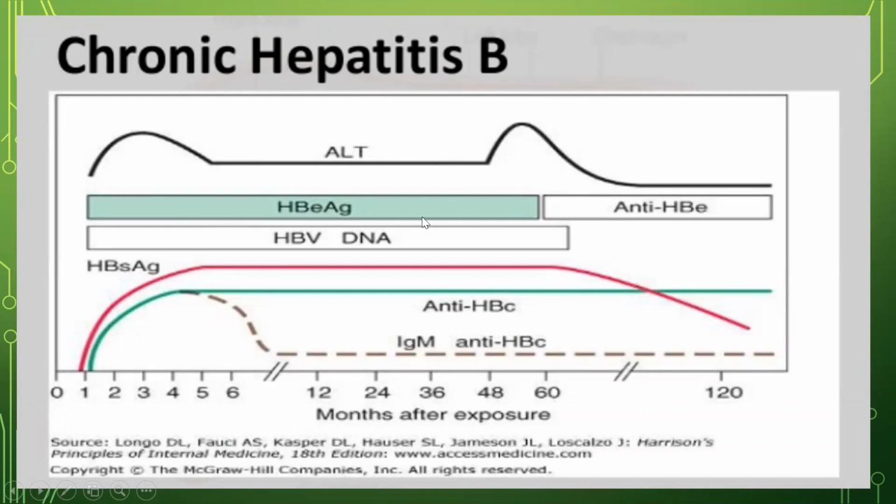If we talk about hepatitis B e antigen, its proportion is higher during the active state, during the replication of the virus. When this replication stops, we have seroconversion, a change to the immune state, and appearance of anti-HBe antibodies.